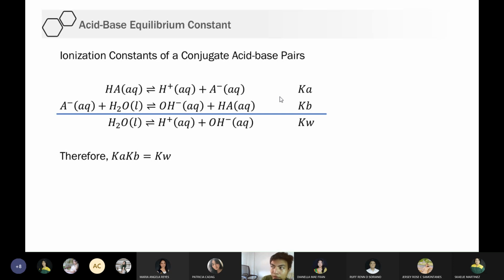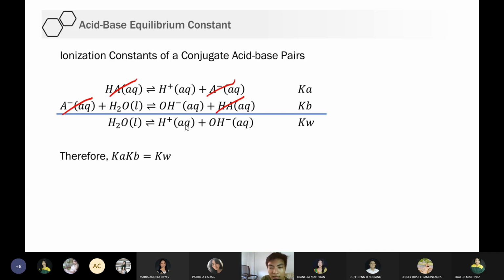If we combine the two equations, the acid equation and the base equation, the base and the acid species will cancel out, leaving you the ionization of water.